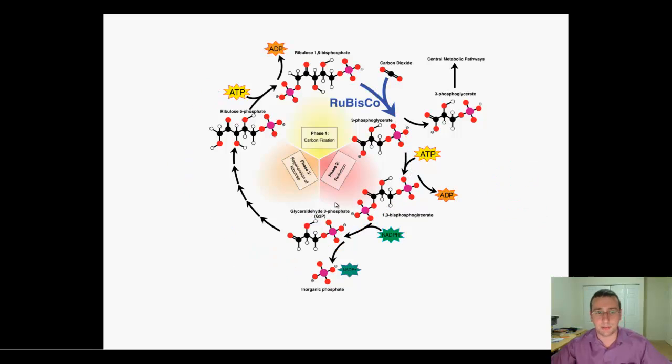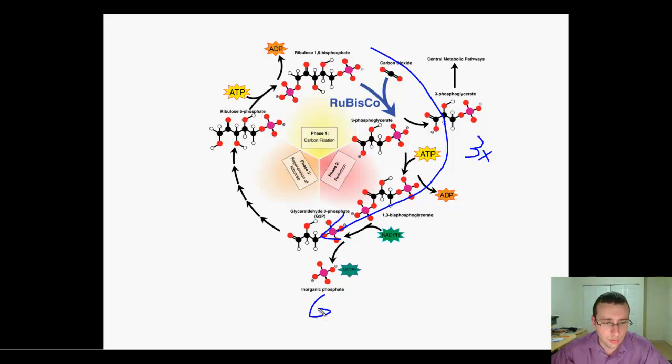Now let me explain what I mean by that. After this is all said and done, I only made 2 G3Ps. But in order to rebuild Rubisco, since I need 5, I'm going to need to do this 2 more times. So this part of the cycle has to be done 3 times. Each time you do it, you're going to get 2 G3Ps because the molecule split into 2 three-carbon molecules.